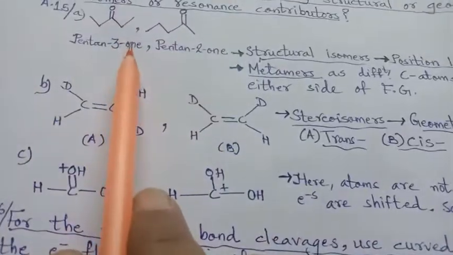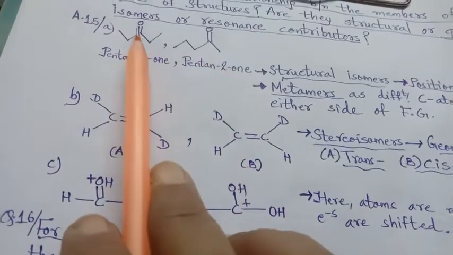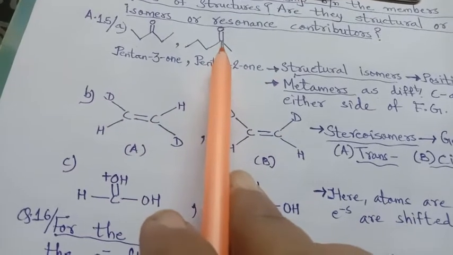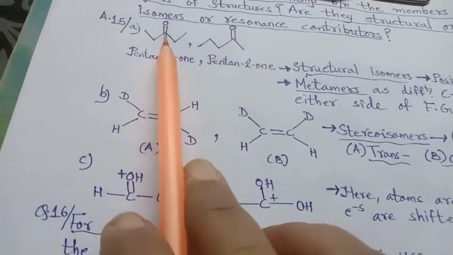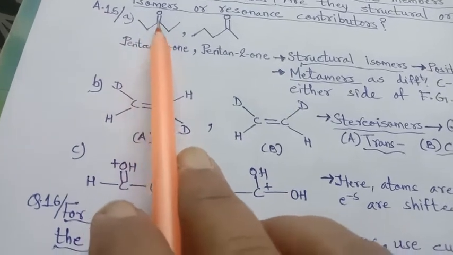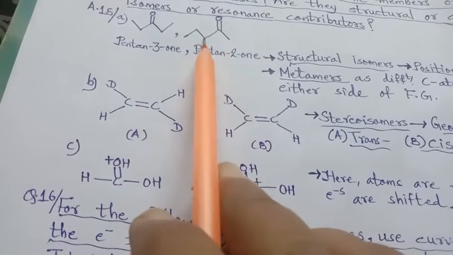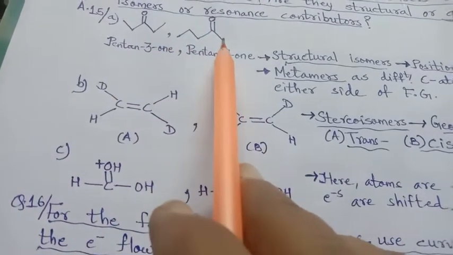One more thing. If you see this ketone group, both are the same functional group. But here on either side of this functional group there are 1, 2 carbons, and here also 1 and 2 carbons. Right? But what about here? 1, 2, 3 and here it is 1.